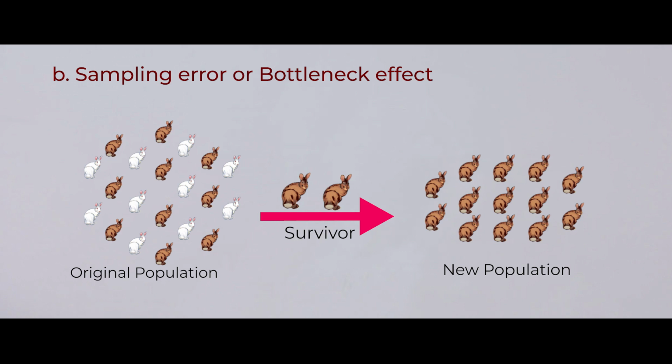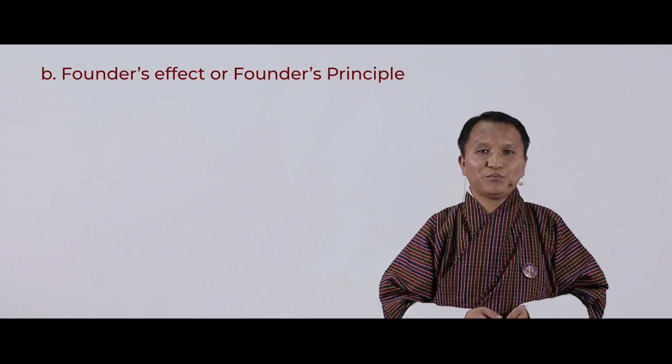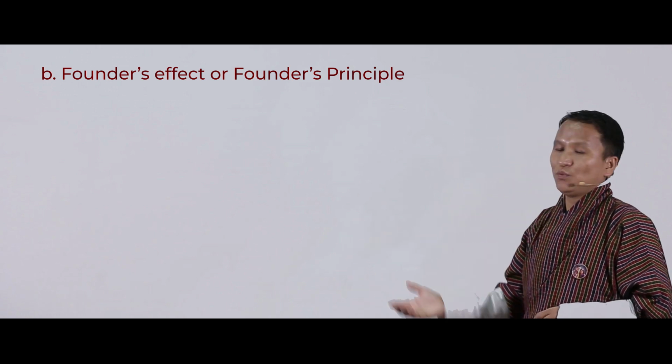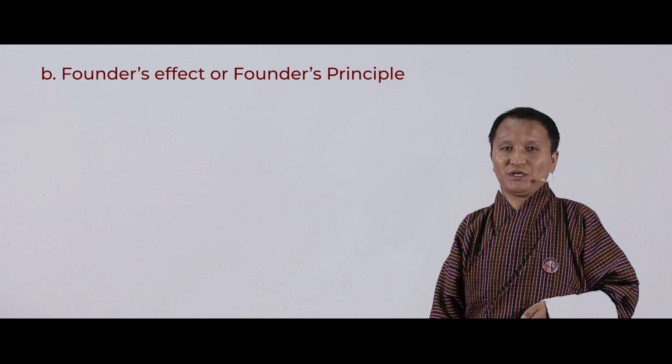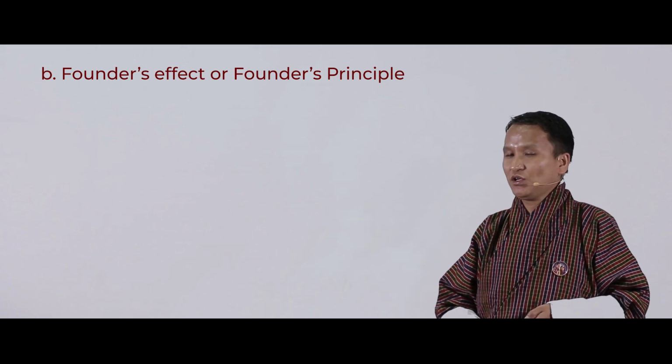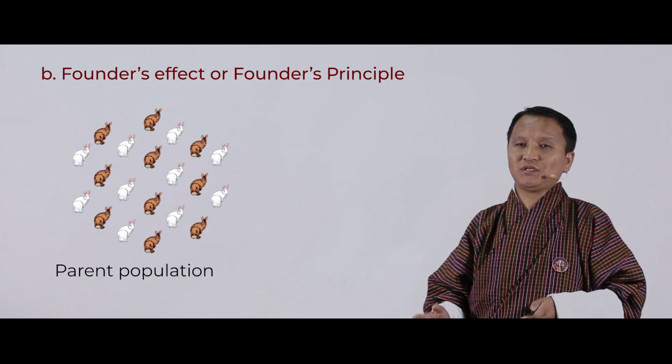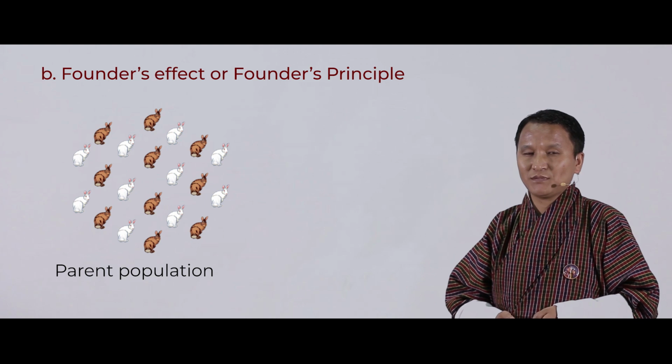Number 2, genetic drift, is titled as Founder's Effect or Founder's Principle. As you can see here, again we will use the same analogy. In the parent population, you have 50% white rabbit and 50% brown rabbit.